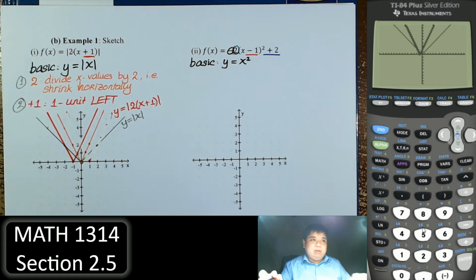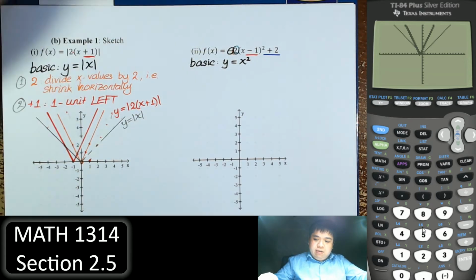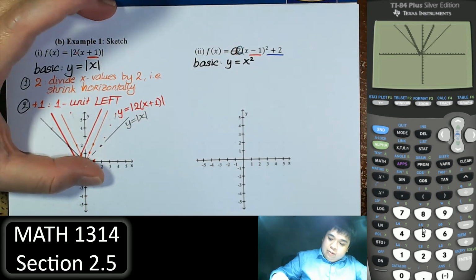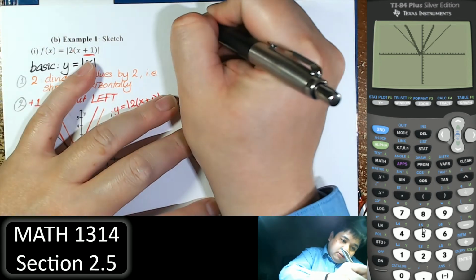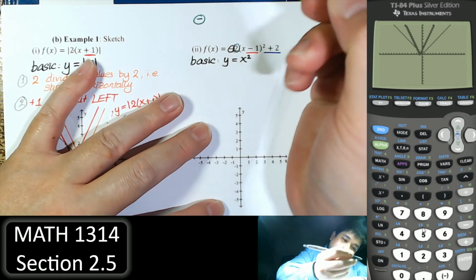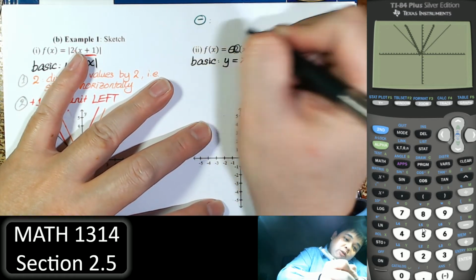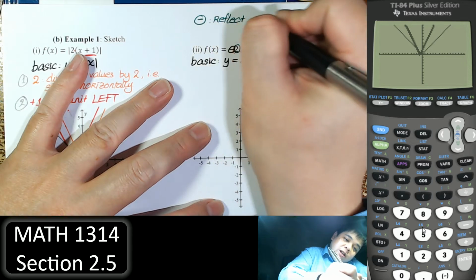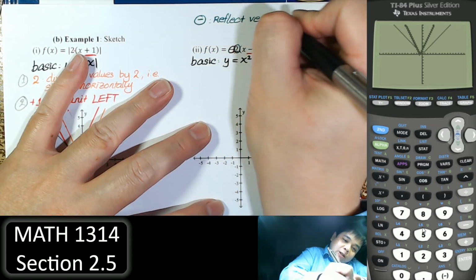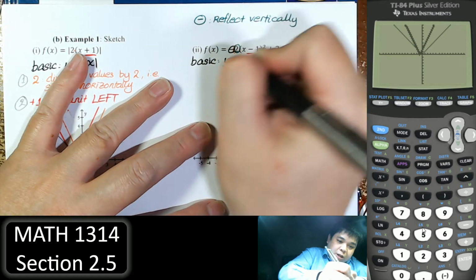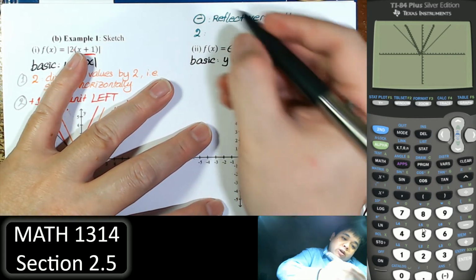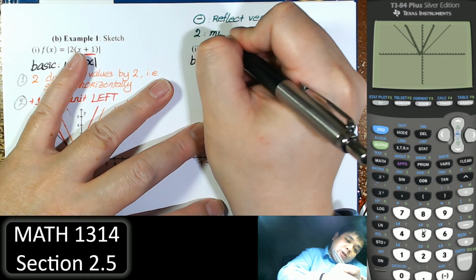Let me just write out. That negative on the outside is on the outside, right? Reflect outside vertically. The 2 on the outside, multiply to it, so multiply y values by 2.